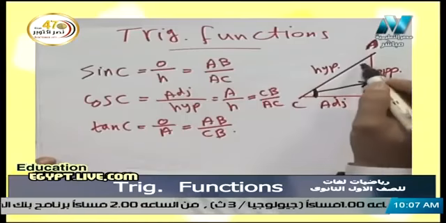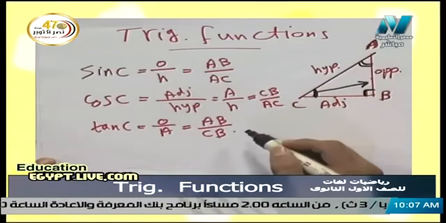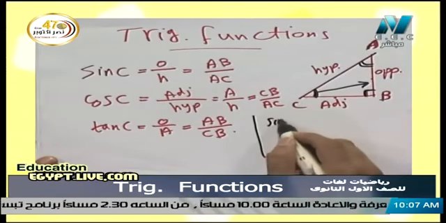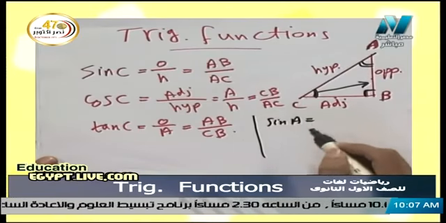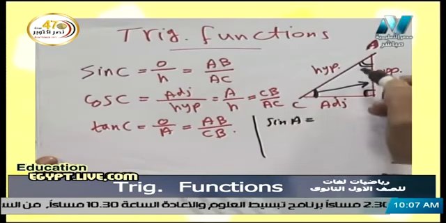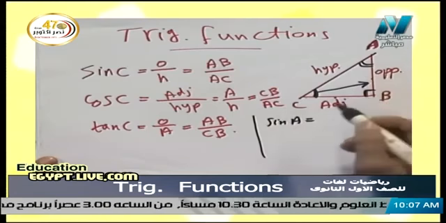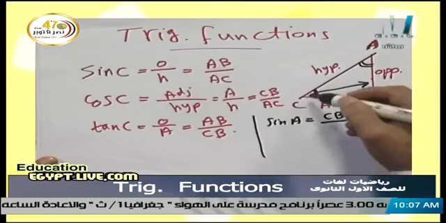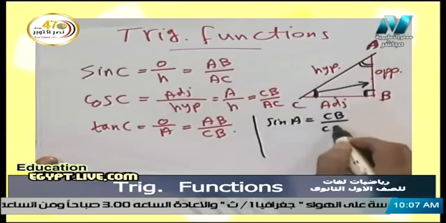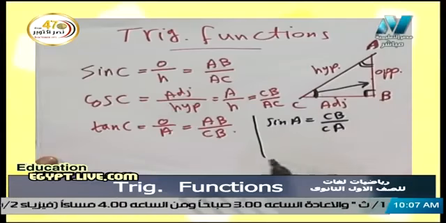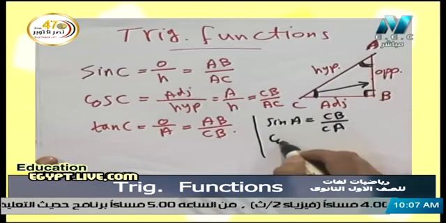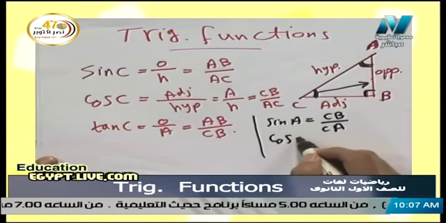And if we are concerned with the angle A, we can say that sine A equals what? Of course, it equals the opposite of A, which is CB, over the hypotenuse, which is CA.